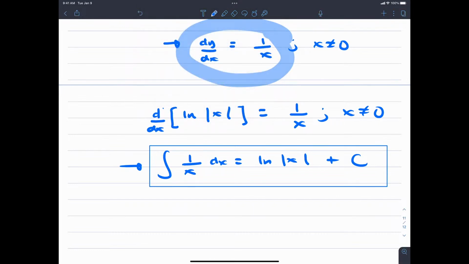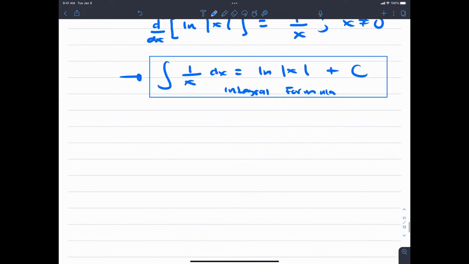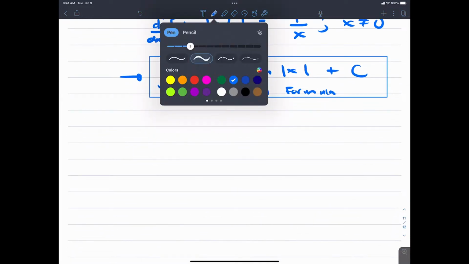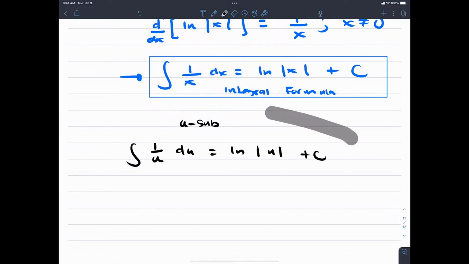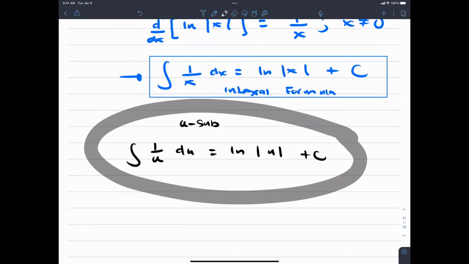This is what we care about. And after you get an integral formula, you always get the u-substitution version free of charge, meaning if you integrate 1 over u du, that's the natural log absolute value of u plus c. So you have a nice u-substitution version as well.